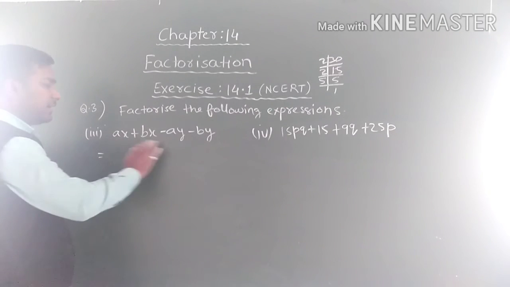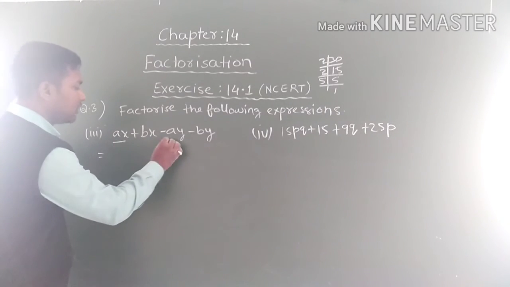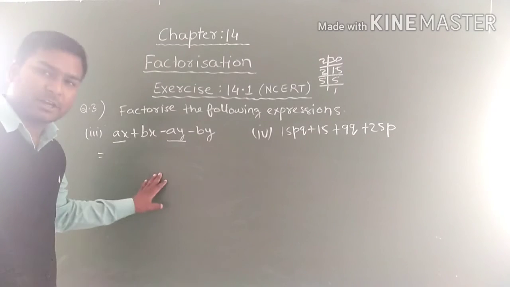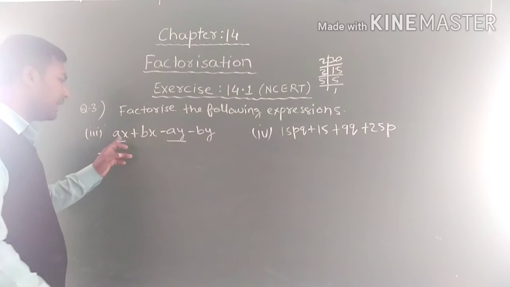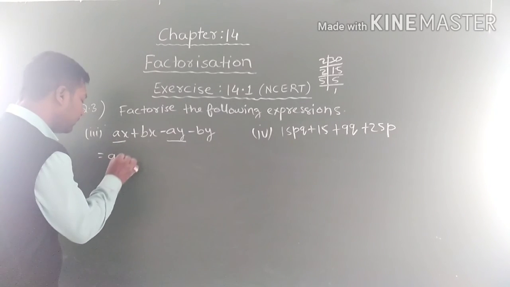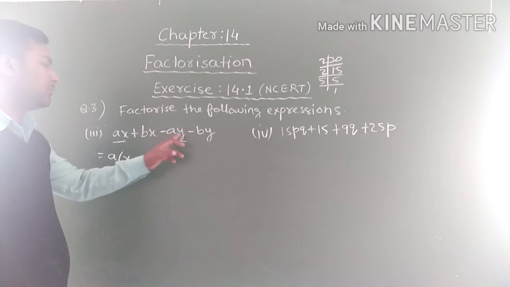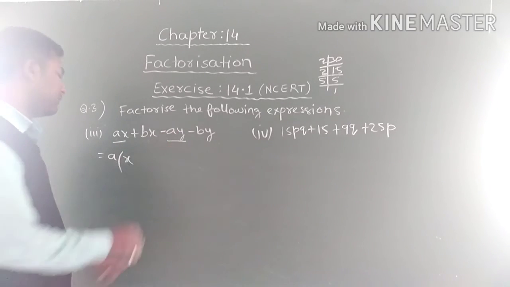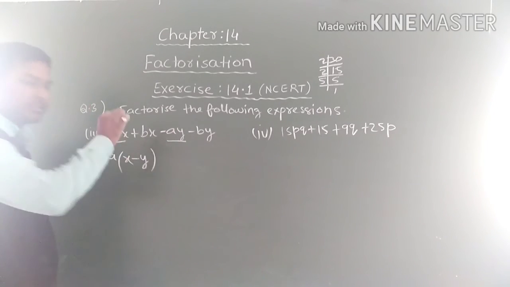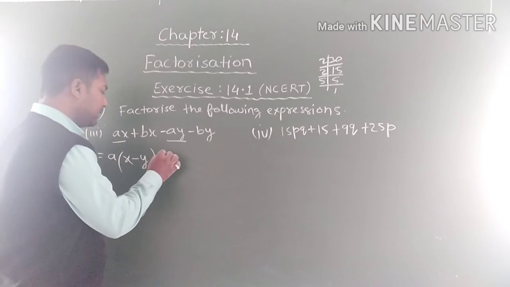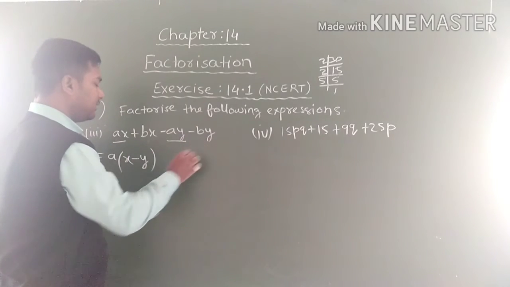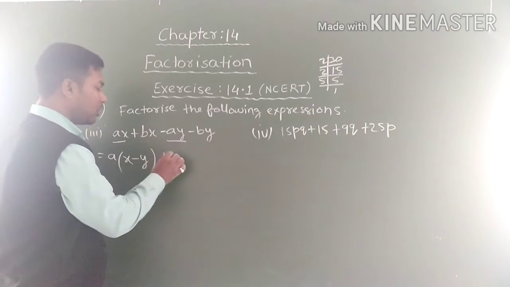Ax and ay. In these two terms, first of all we have to take common. So what is common? a will be common. What is left? x is left. In this term, what is left? Minus y is left. So this will be minus y. Similarly, bx and minus by. Take common, so b is common.